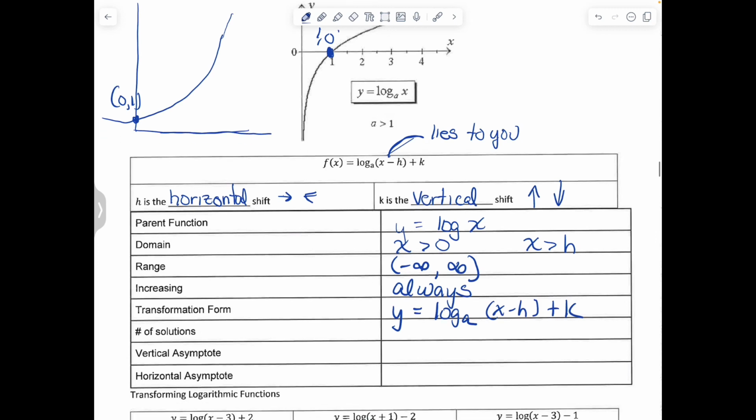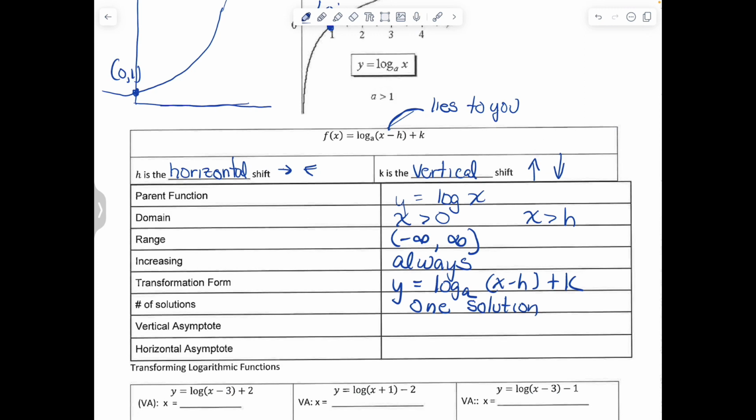It has one solution since it crosses the x-axis once. Now, in an exponential, there is no vertical asymptote. So in the log, since they're reversed, the vertical asymptote is going to be x is 0. And then there will be no horizontal asymptote.